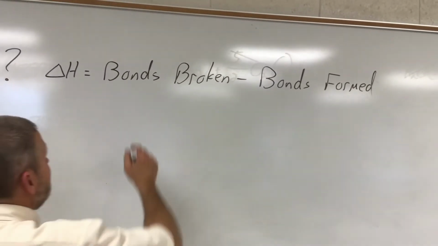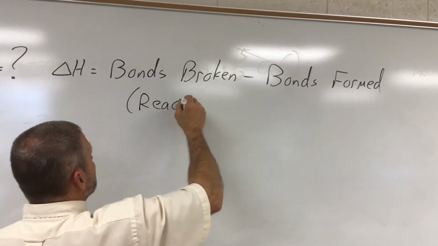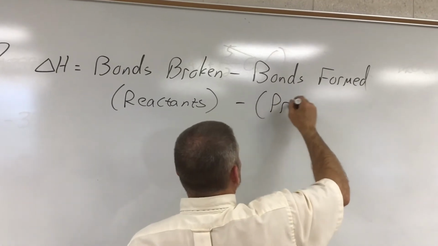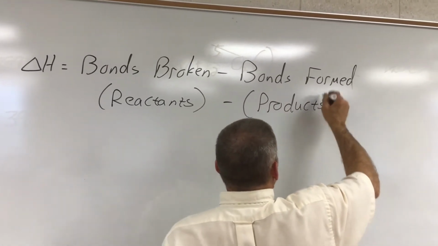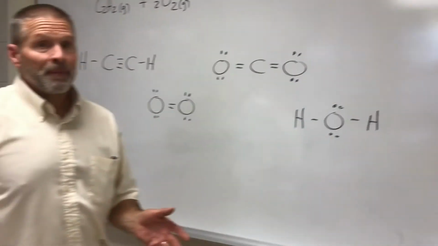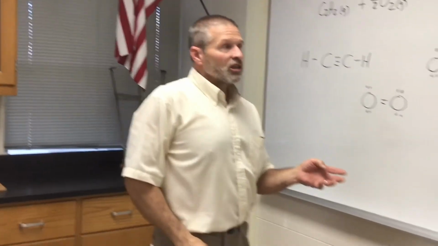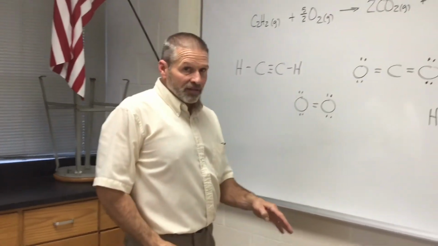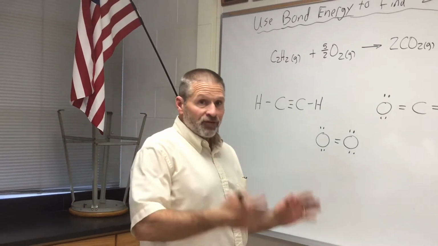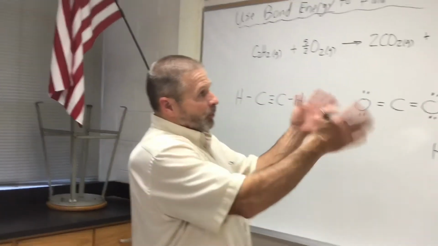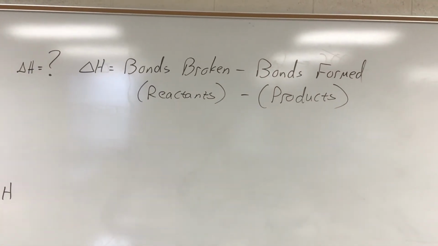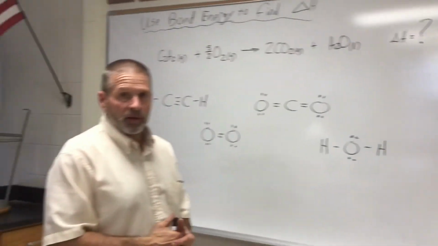And what that really means is reactants minus products, which can be tricky because if you're finding delta H using enthalpy of formation, it's products minus reactants. Normally, when you find change in something, it's final minus initial. With bond energy, it's backwards. That's what I try to remember: bond energy is backwards from the way things normally work.